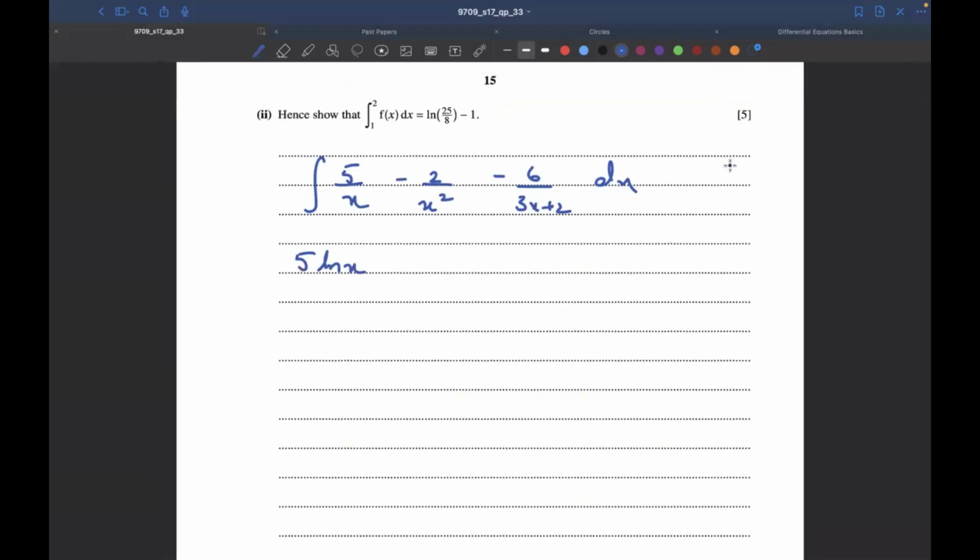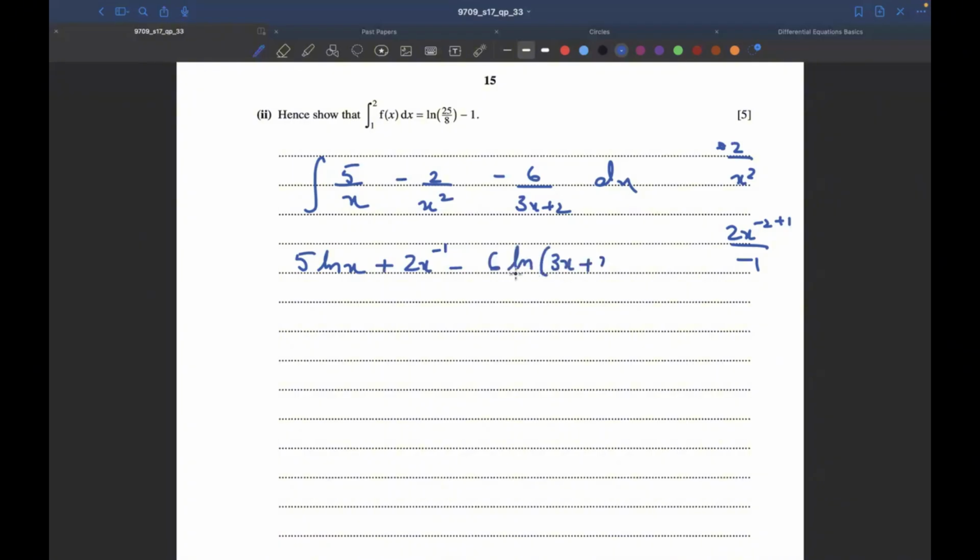To integrate 2 upon x squared, x squared goes in the numerator. We add one to the power and divide by the new power, and we get a negative sign again. So negative negative will make it positive, so we'll get plus 2x to the power of minus 1.